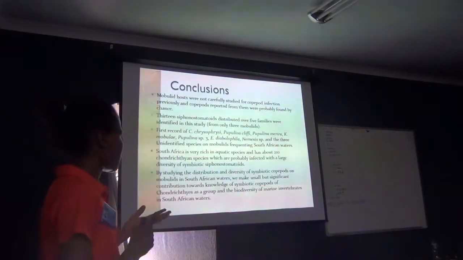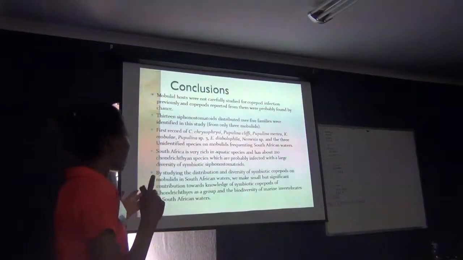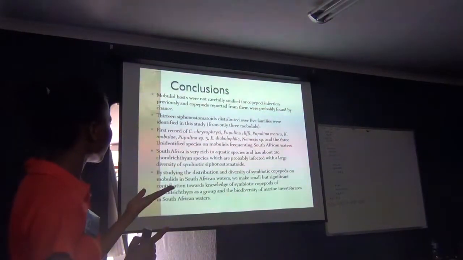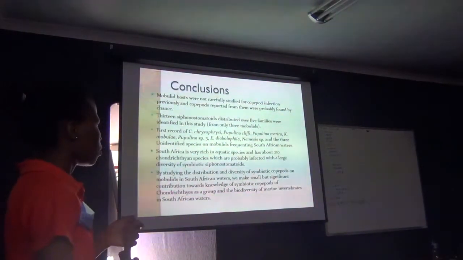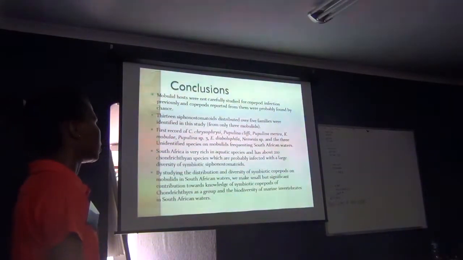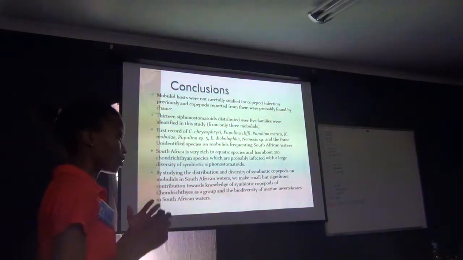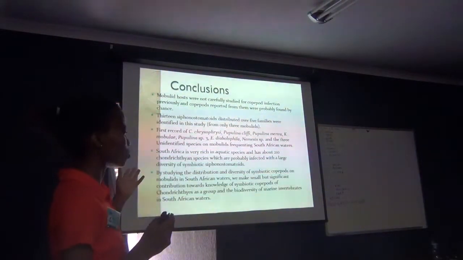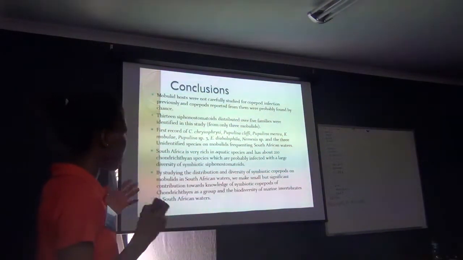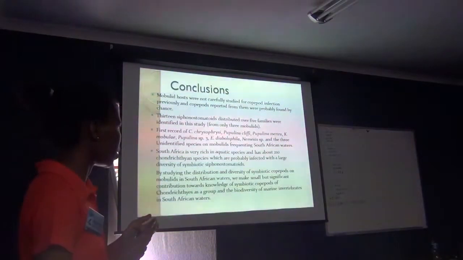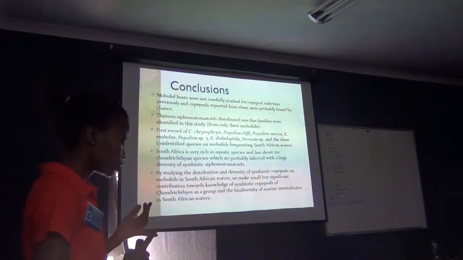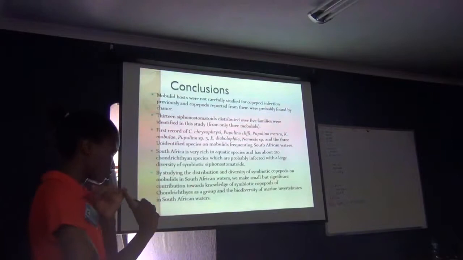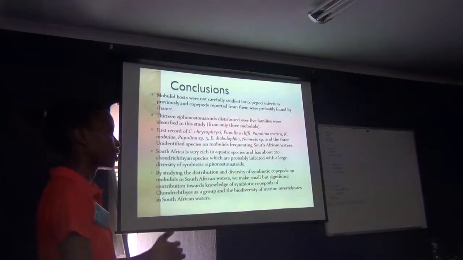South Africa, like I said, is very rich in aquatic species, with about 210 chondrichthyan species. All of them are probably infected with a large diversity of copepods, and I'm pretty sure that almost all of you who have worked on sharks have seen these copepods before. So almost all of them have the ability to be infected. The only shark species that we've worked on over the past 3 years and didn't find anything on is the angel shark.